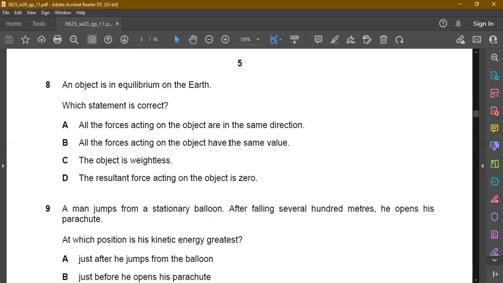Okay, this one is also not correct, because the same value may not be in equilibrium. What if they have the same direction? Of course, it will not be in equilibrium, right? It will move. The object will move in a direction.